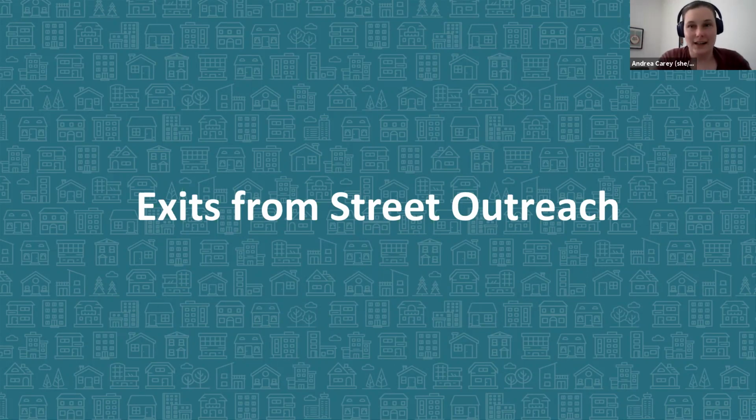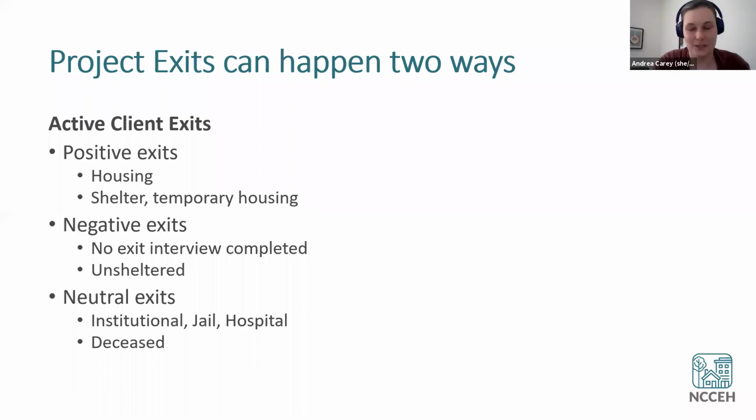Exits are not quite as varied as starts, but there are also a few options. Street outreach is our special project type in HMIS. Exits can really happen two ways. We can have active client exits or inactive client exits. Here are the different possible categories for an active client exit.